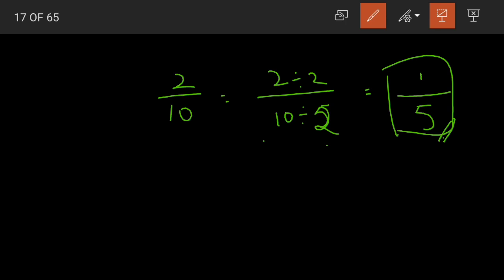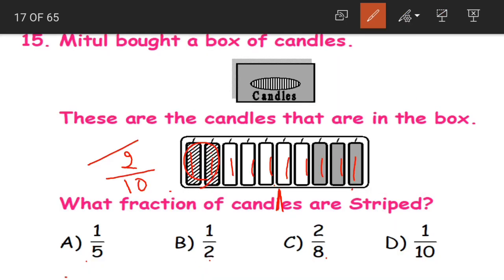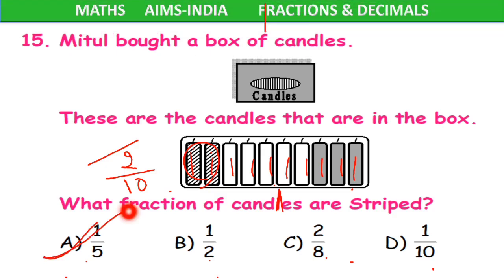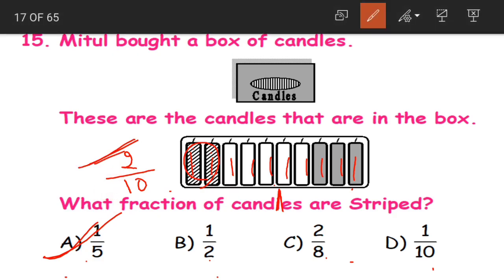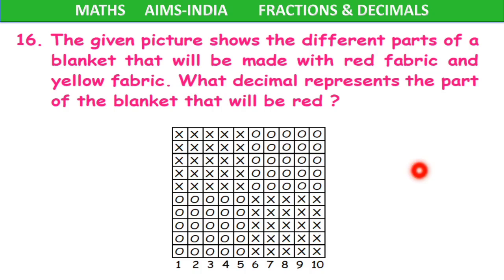So 1/5 is our simplest form. Do we have it in the options? Yes, option A 1/5 is our answer here. 2/10 is also correct, but as we are not having 2/10 in the options, we have to find out its equivalent fraction by dividing it.